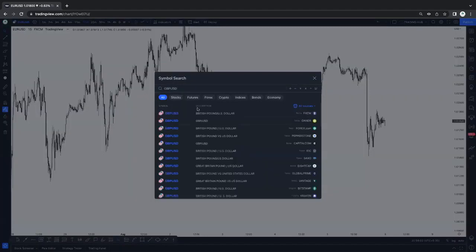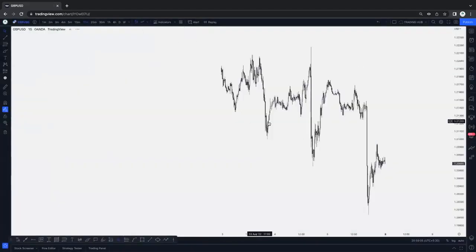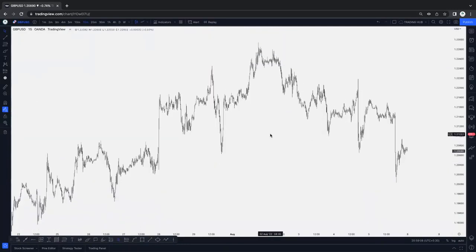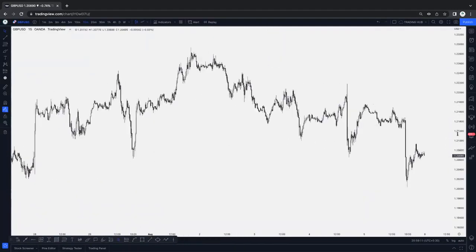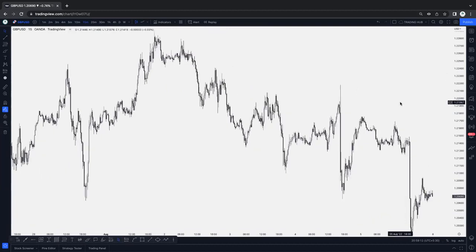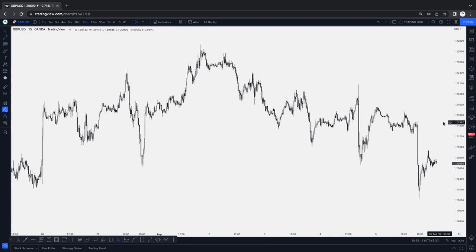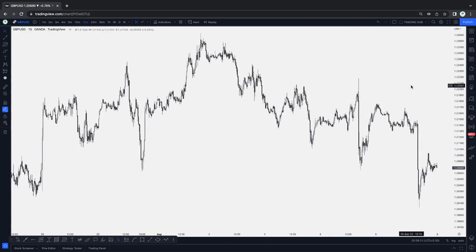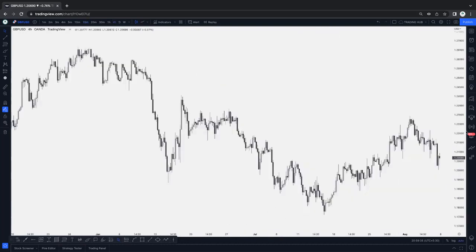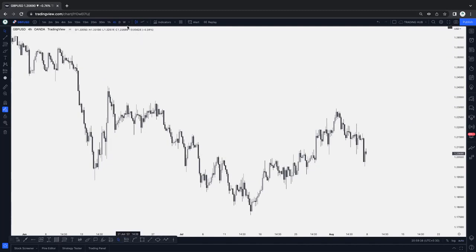Okay, let's check this one. Yes, now you can repeat your question again. Can you go over from when it went from buying momentum to switching to selling momentum? You mean a higher time frame, like 4-hour or daily? 15 minutes.